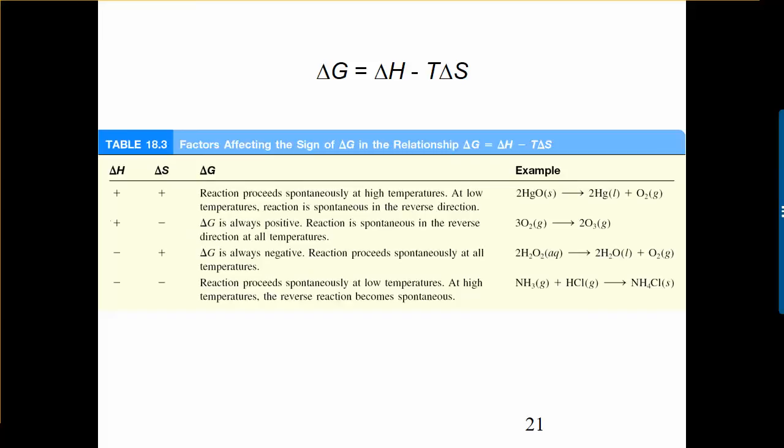So positive plus a negative. If I increase the temperature of this situation, what happens? The delta S term becomes more and more negative, right? And so at high temperatures, it becomes spontaneous. It becomes negative. But at low temperatures, it remains positive.